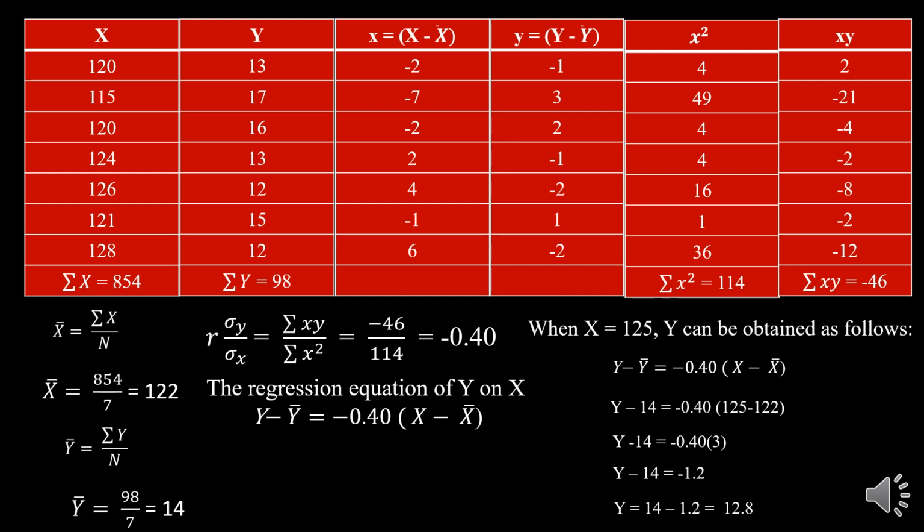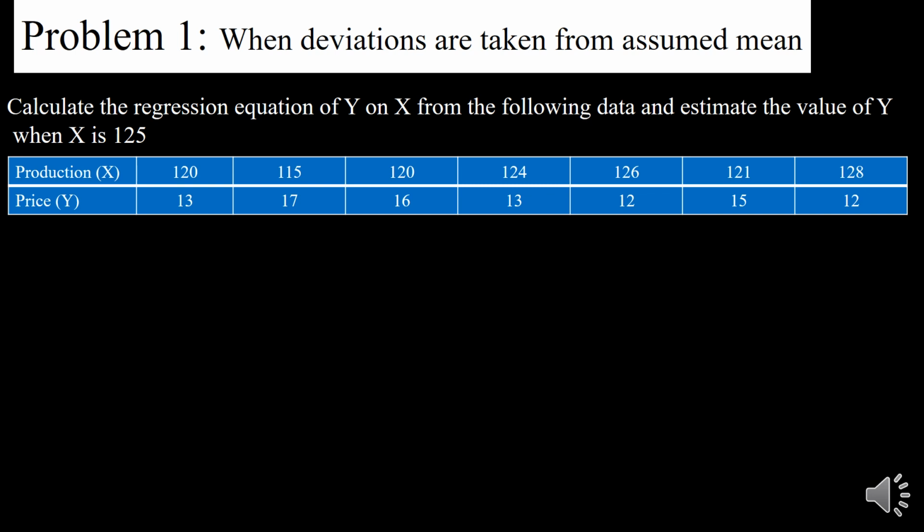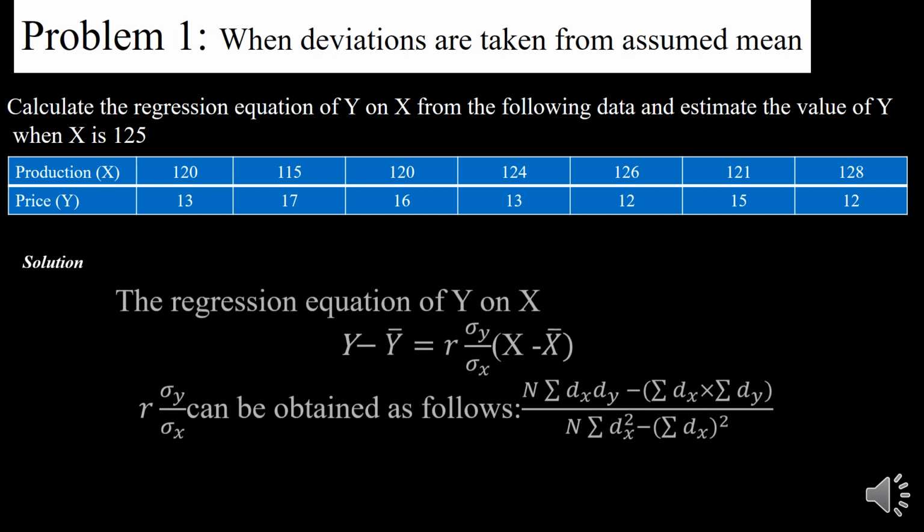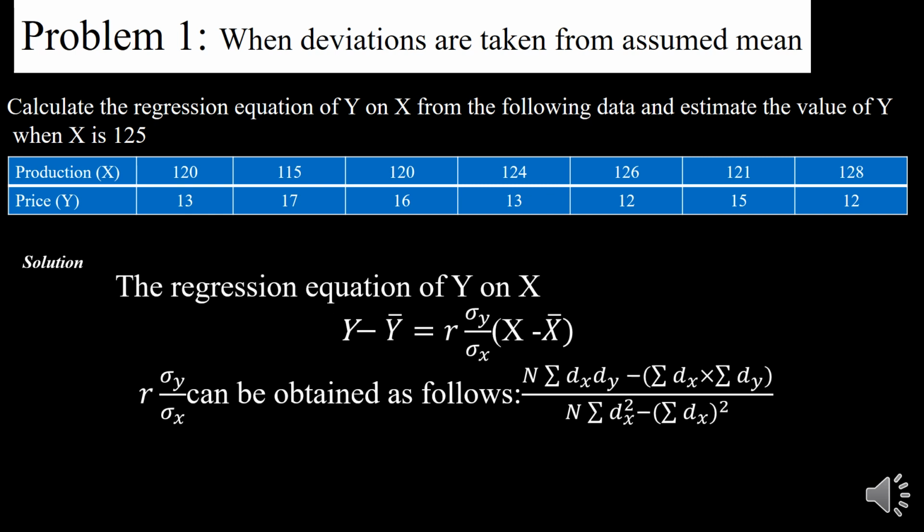Okay, we'll move on to the method when deviations are taken from an assumed mean. To find the regression equation, the equation is the same as in the previous method, but here the regression coefficient is calculated with this formula: capital N into summation dx dy, minus summation dx into summation dy, whole divided by n into summation dx square minus, in brackets, summation dx whole square.